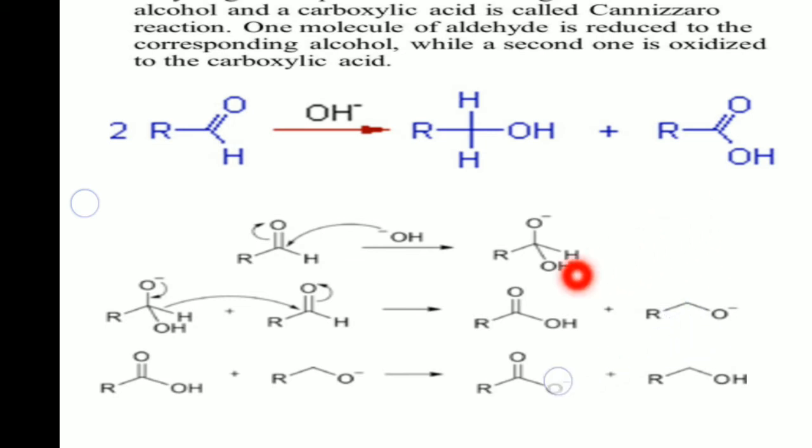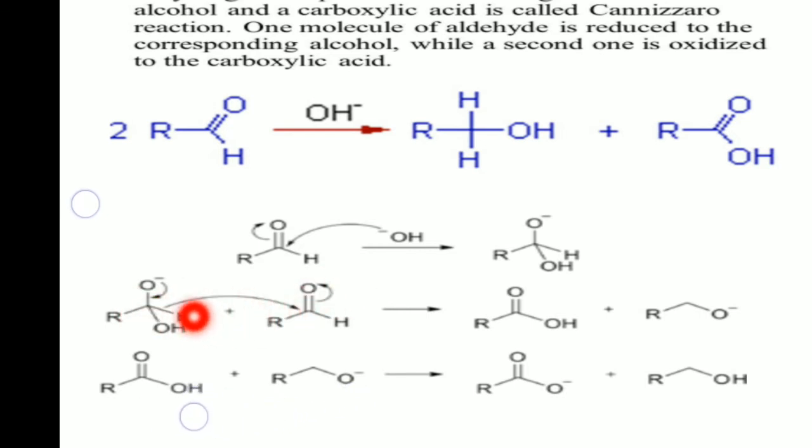This oxide ion gets one hydrogen, in the form of H plus, from the formed acid molecule to form alcohol. Both this acid and this oxide ion are in equilibrium, and here both will shift their hydrogen in the form of H plus.